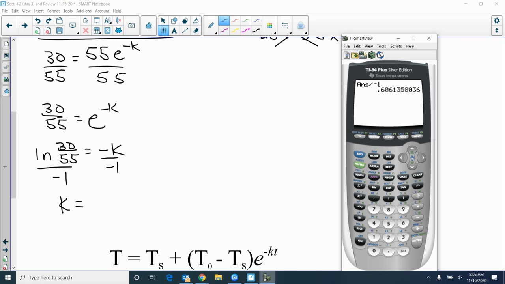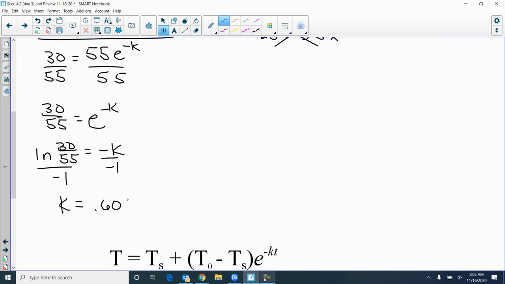I get 0.606136. Okay, round to 6 decimal places.